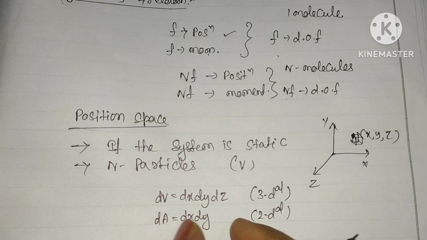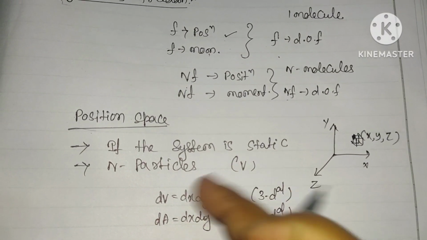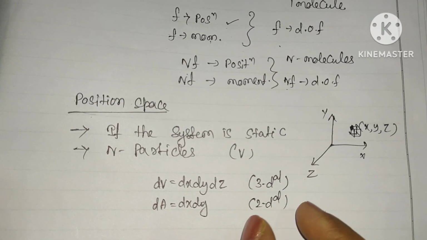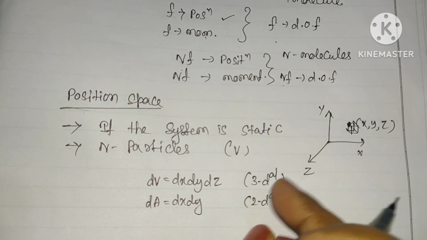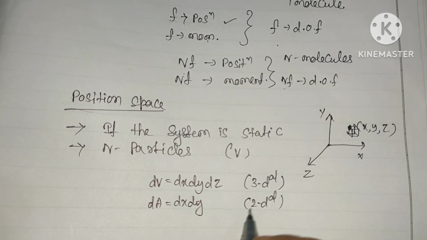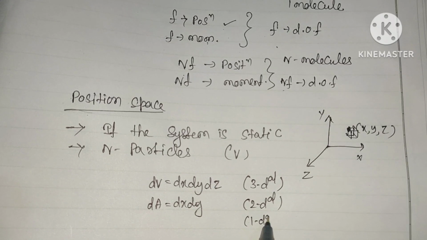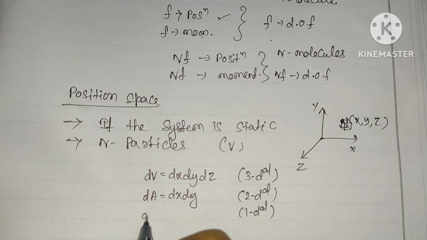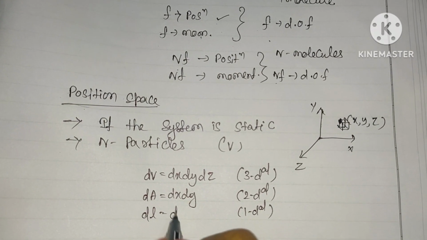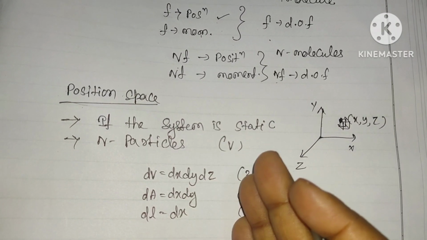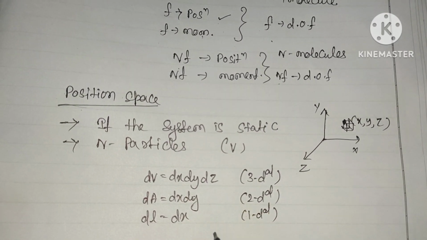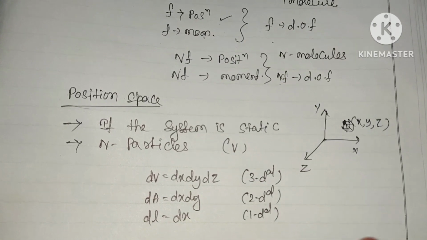It may be dx dy, dy dz, or dz dx. So for the two-dimensional system, we can define the position space like this. And for the one-dimensional system, we can write the length element as simply dx, it may be dx, dy, or dz. Clear? So this is the position space.